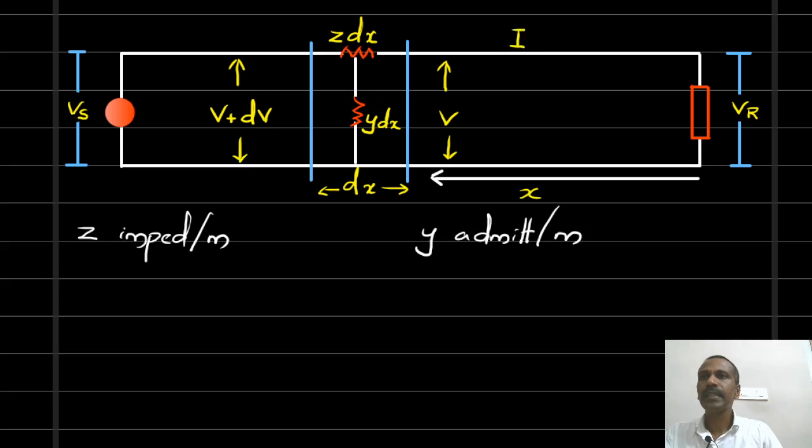The current at the right side is I amperes. The current at this part is I plus dI. Now what happens to this dI current? Obviously it flows through this shunt admittance.